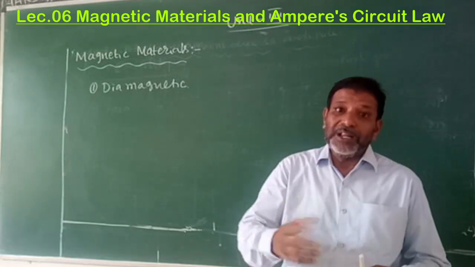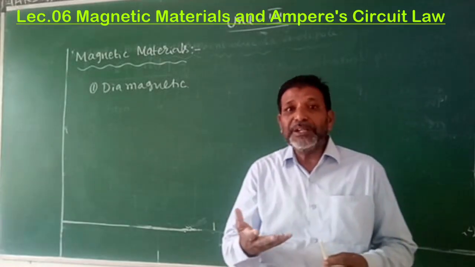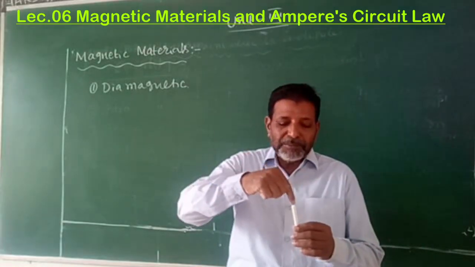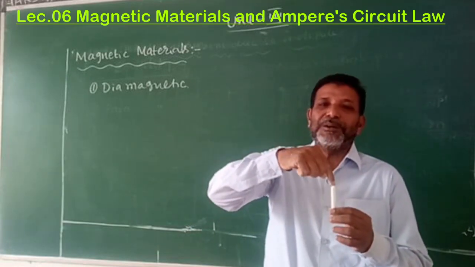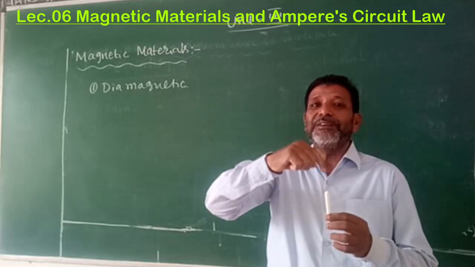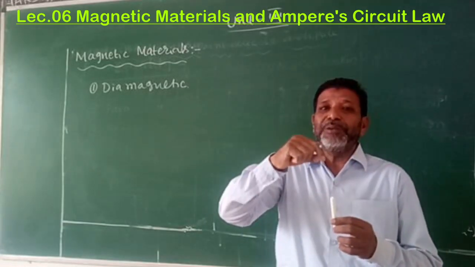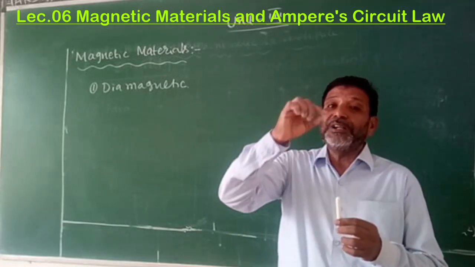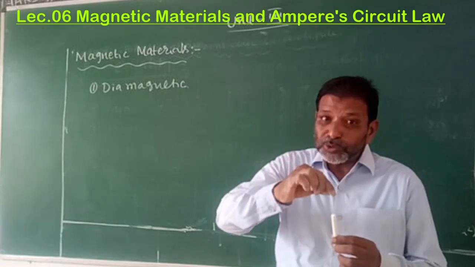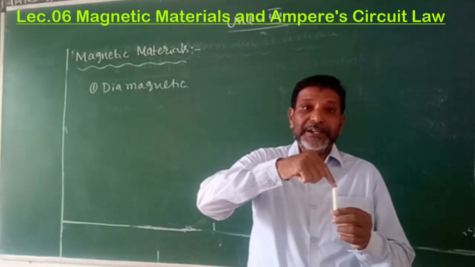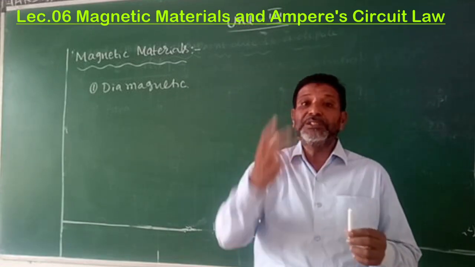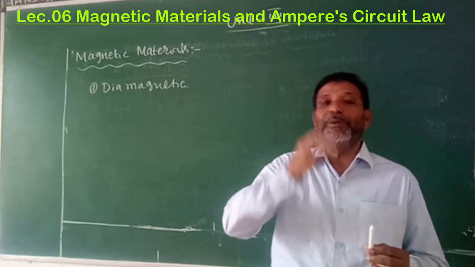Because of that reason only it gets attracted. It has some magnetic property, which means it has some magnetic moment present in it. Iron is more attracted by the magnet, meaning it has more magnetic moment in it.